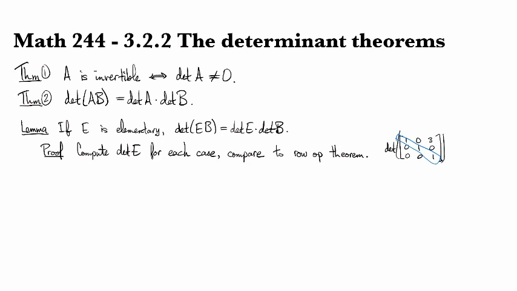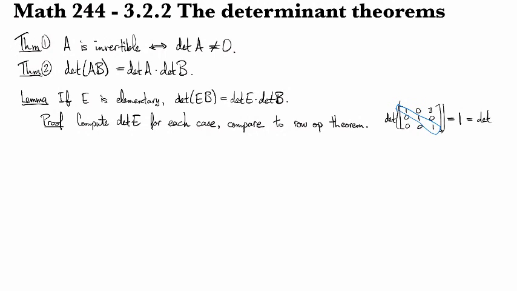This is equal to 1, which is the same as the determinant of the identity matrix, for example. Anyway, leaving that aside, let's look at the other two parts.